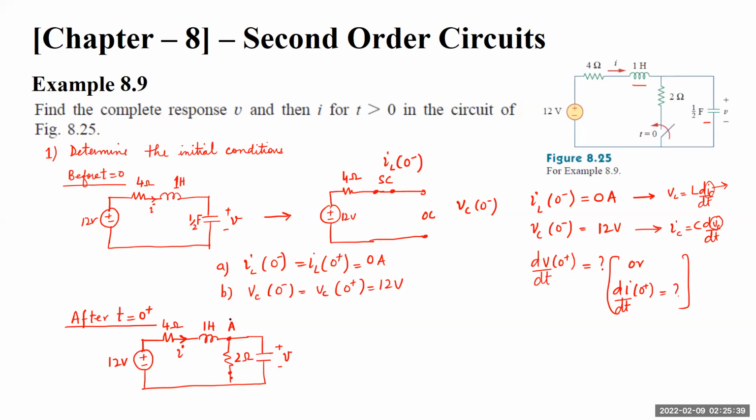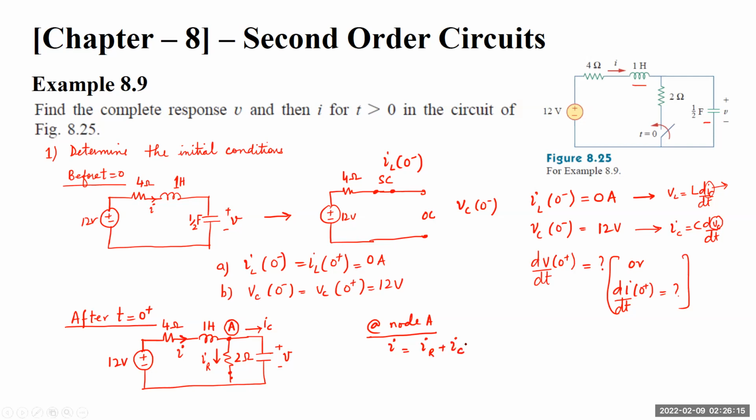This is my node A. At node A, a current I is coming from here, a current IR is going in this direction, and the capacitor current IC is going in this direction. So I equals IR plus IC.